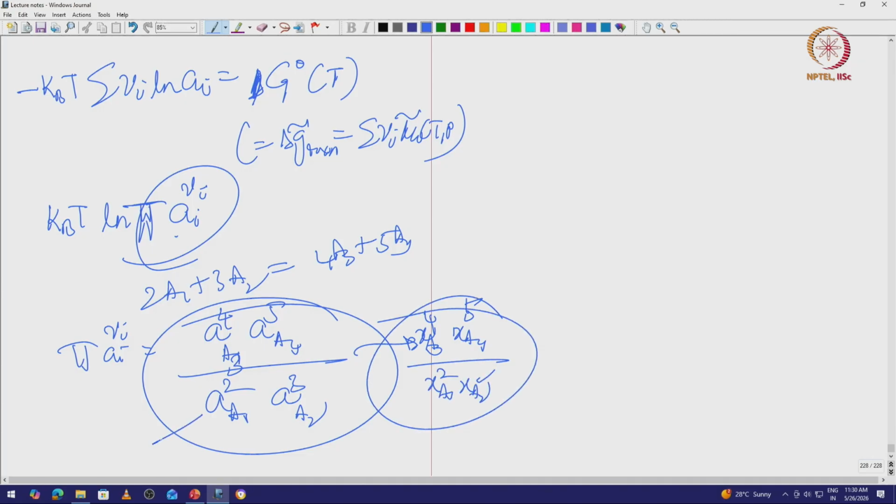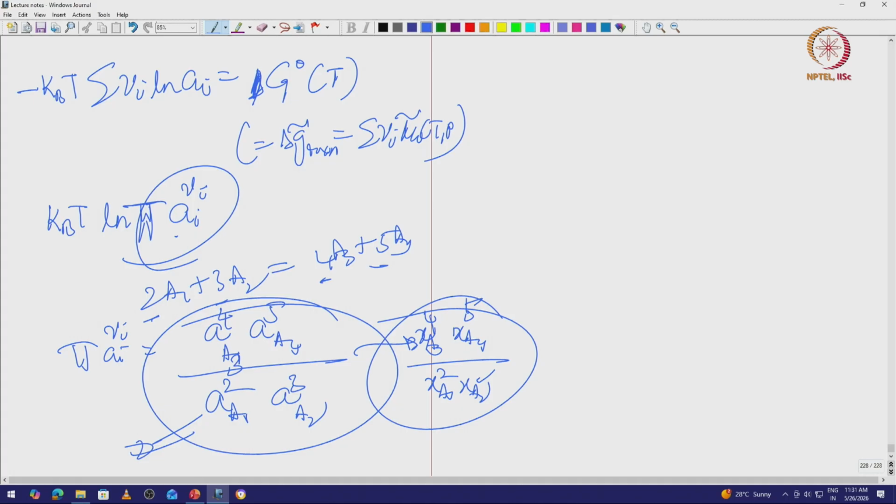You may have seen this somewhere, right. This sort of taking powers of these pre-indices, you may have seen it in some physical chemistry earlier, and this is where it comes from. So, this is the derivation of it.